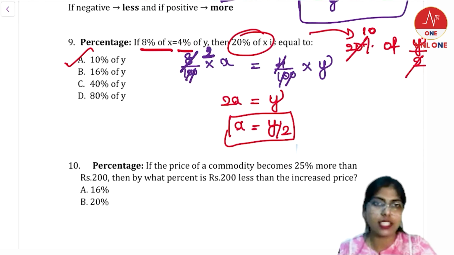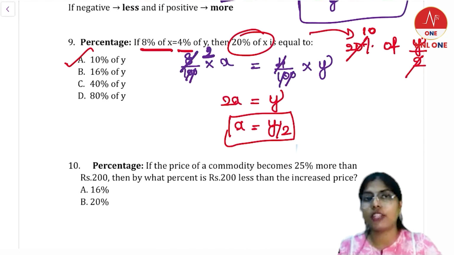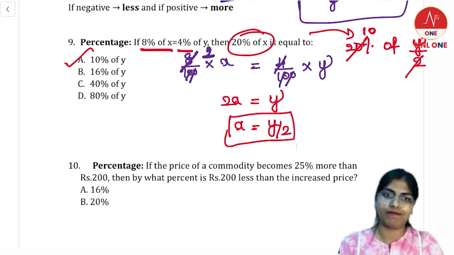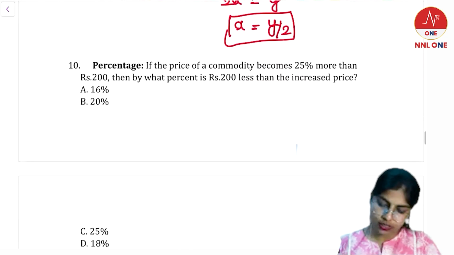So you can tick option A and go with the next question. Only when you understand the question, that is, 8% of x is 4% of y, half of the percentage 8% is 4. Then half of the percentage 20 will be 10. That's all. Simple. Next, we'll go with the next question.